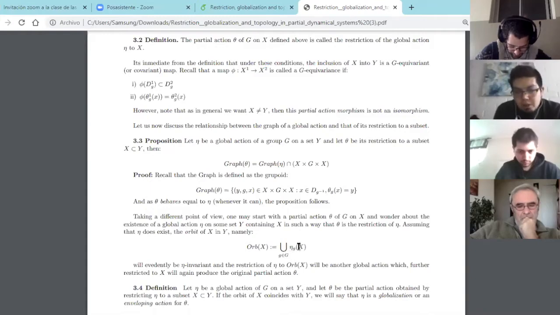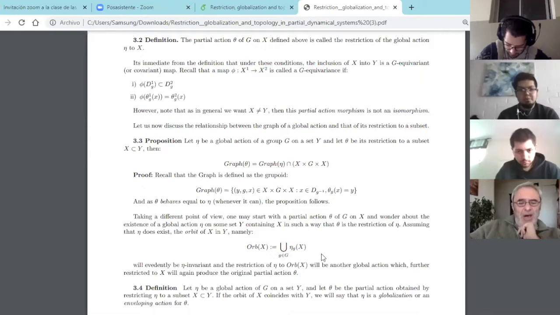We will consider all the images of X under eta, and that is what we will call the orbit. But be careful, usually people in dynamical systems call this object differently. For example, they say it is a stabilizer of X, or maybe, even more often, a saturation of X.